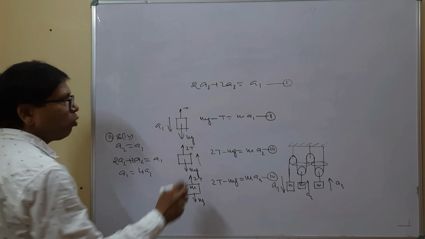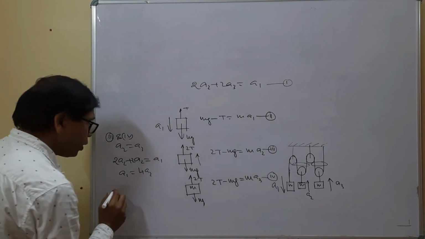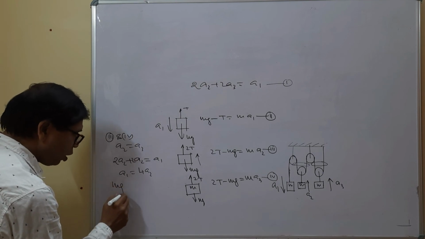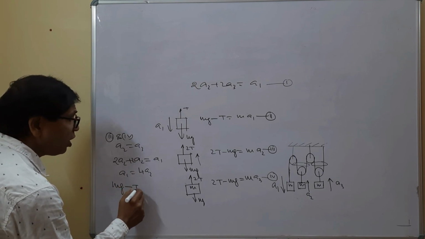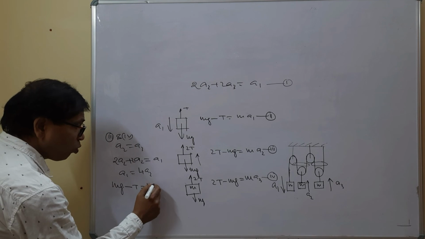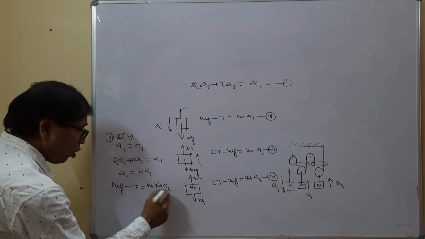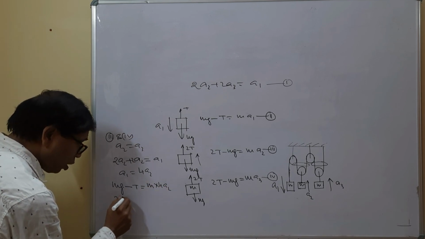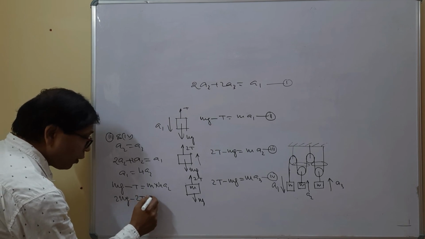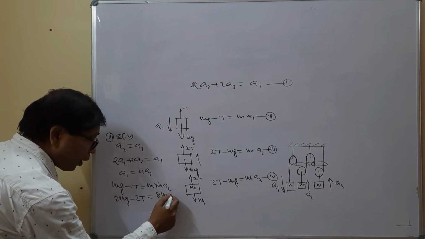Now from equation 2, look at this. So this is mg minus T equal to m into 4a2. Now 2mg minus 2T equal to 8ma2.